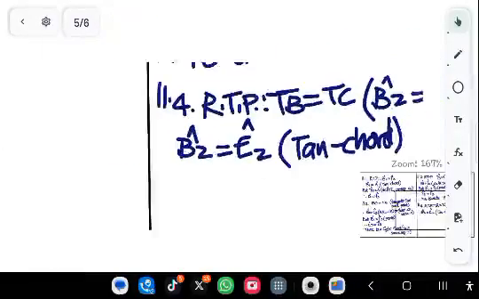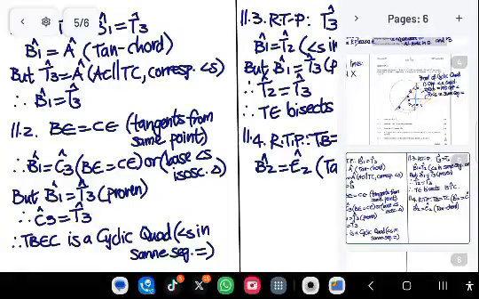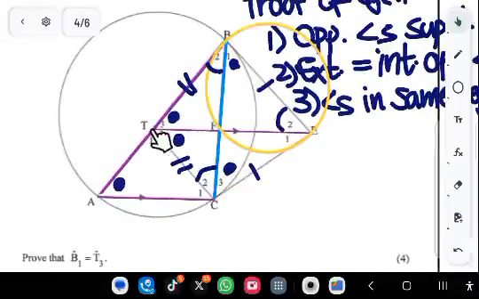How then do we connect E2 and C2? Let's go back. TBEC is a cyclic quadrilateral, so E2 and C2 are angles in the same segment.